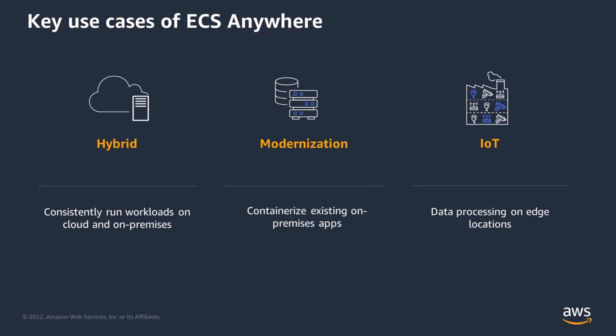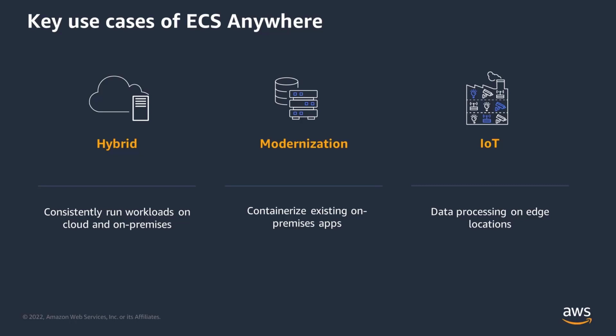And the third use case is IoT, where we see customers wanting to essentially have the data processing of their workloads running on edge locations. They want to leverage some of the edge compute they have in that on-prem physical footprint, but leverage the analytics capabilities or connect that data that is collected on-prem to applications running in the cloud.